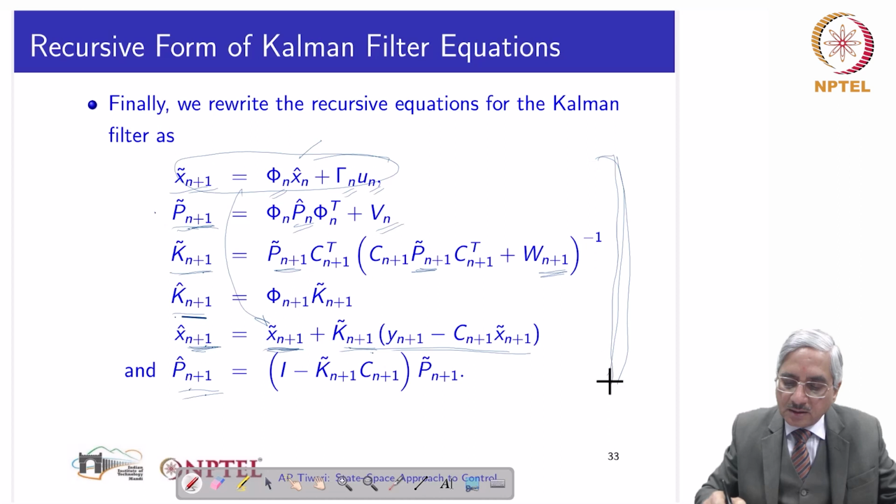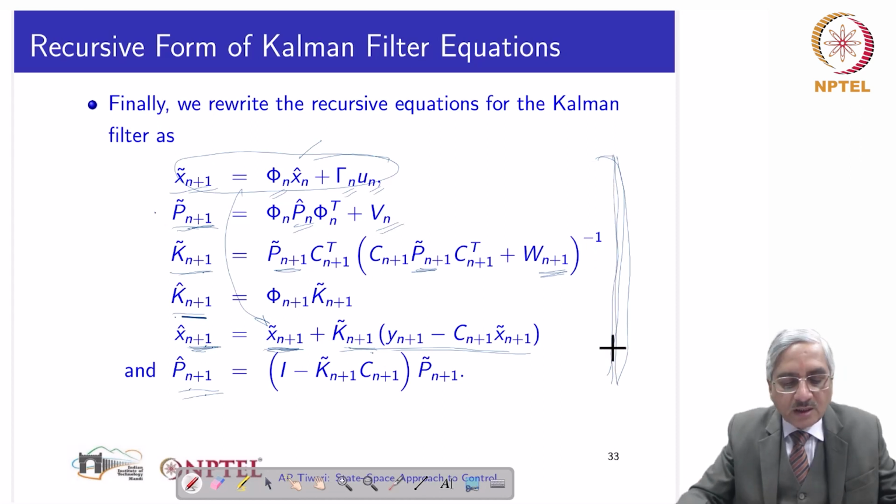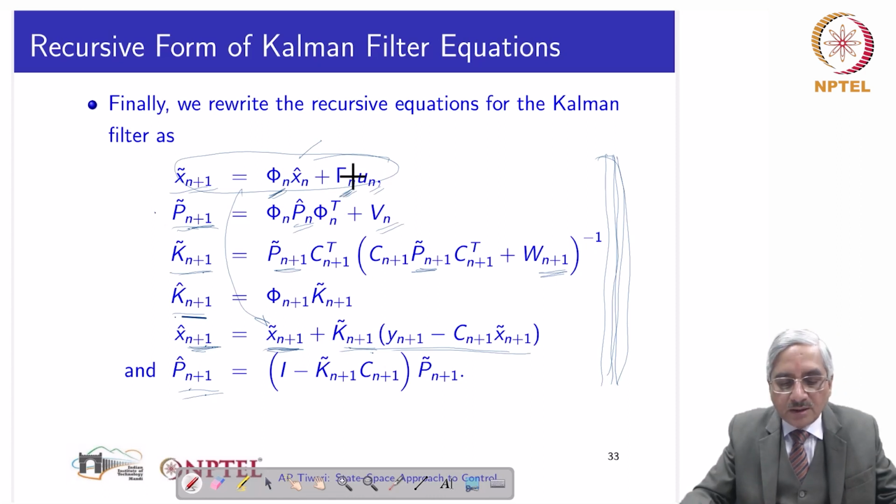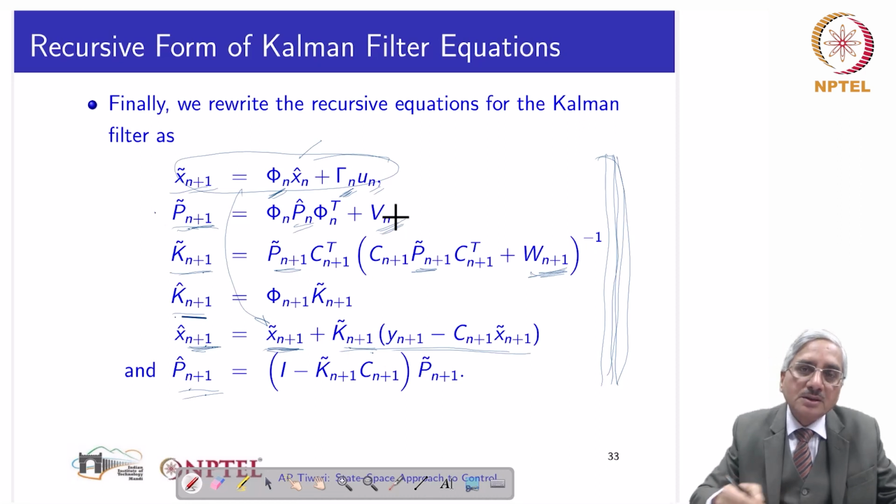But these are the equations which we can always apply, because even if we cannot do some derivations, the application is very sound, very clear, that we need to know the system matrix and the input matrix, and we need to know the probabilistic information about the input noise, output noise, and based on that we can do the computations recursively.